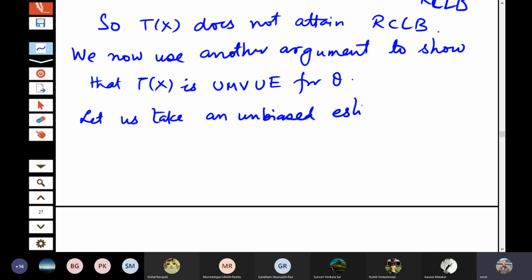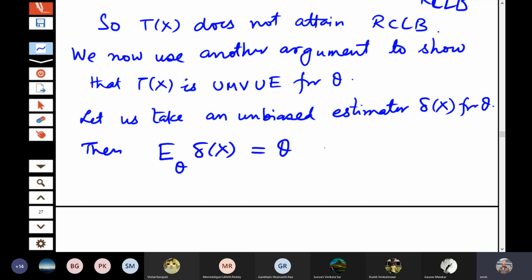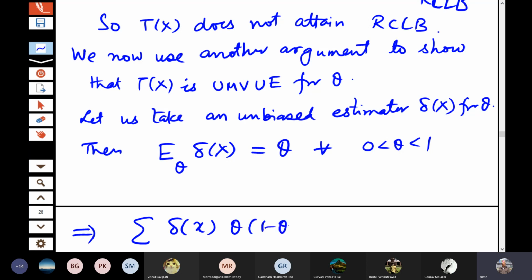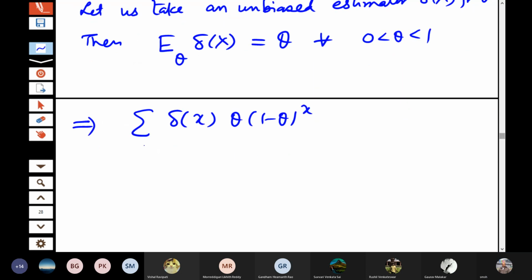So let us take an unbiased estimator and I will give some name here. Let us call it say delta(x). Okay. So what is the condition that I should write? Expectation of delta(x) is equal to theta. Okay. Now this condition you write down properly. This is a discrete distribution, so expectation means sum of delta(x) multiplied by the probability mass function, for x is equal to 0 to infinity, that is equal to theta.